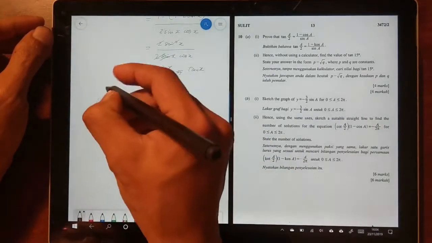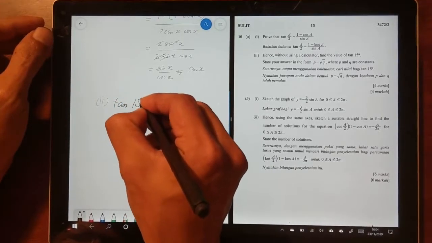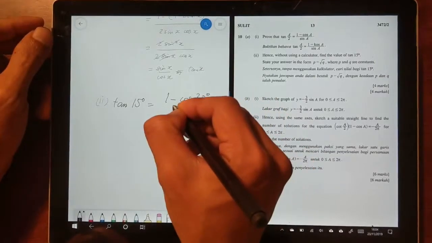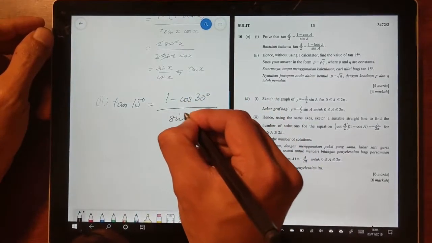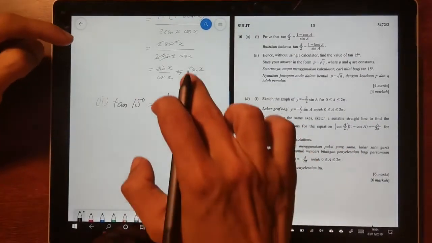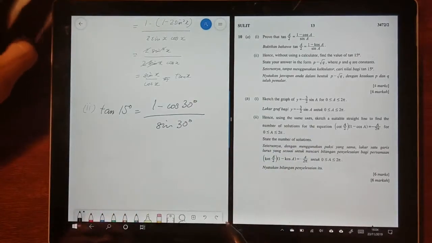So tangent 15 degrees is simply equal to 1 minus cos 30 divided by sine 30. And obviously if you've been studying Add Maths, cos 30 and sine 30 should be pretty easy.